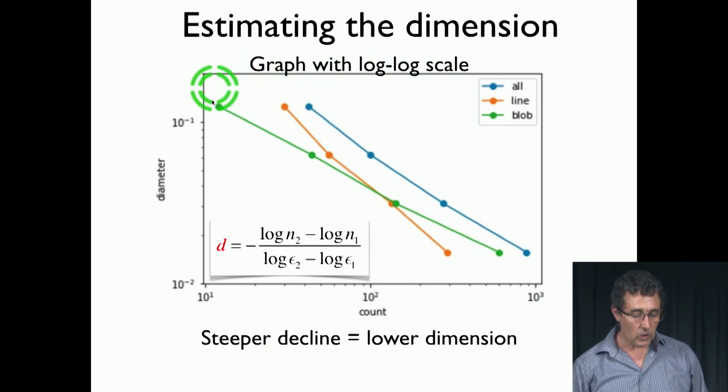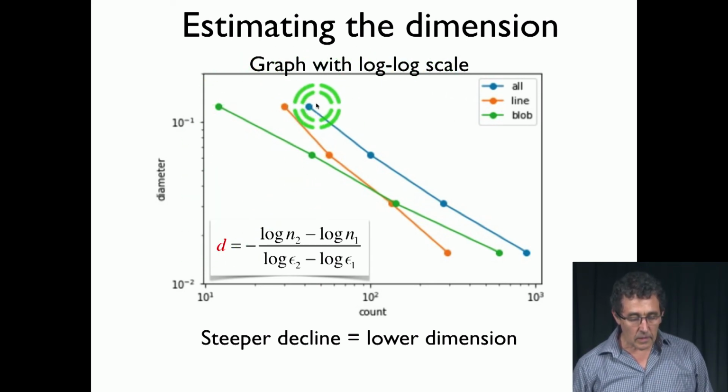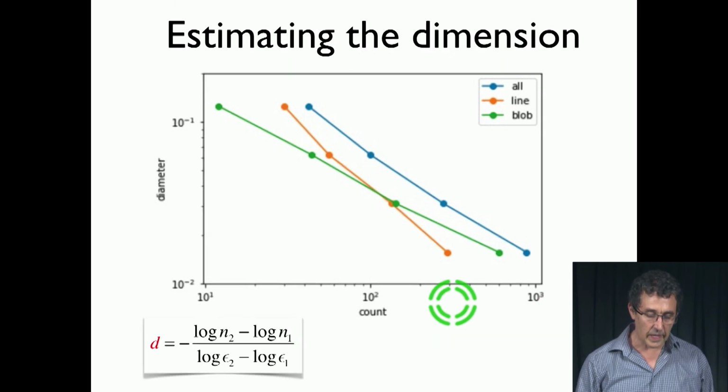When we plot them on a log-log scale, these curves look very much like straight lines. So we can estimate them using the slope from the first point to the last point. The idea is that the steeper the decline, the higher the dimension. Okay, so let's see this in action.